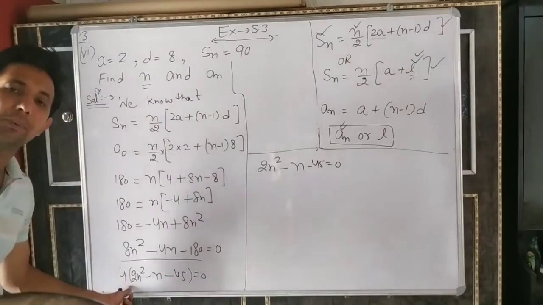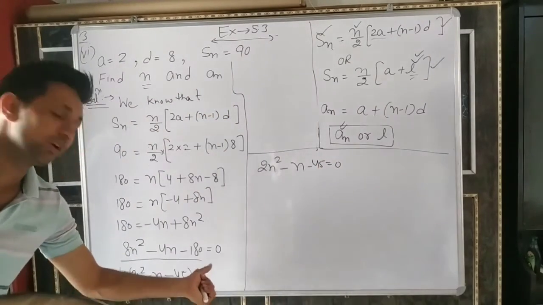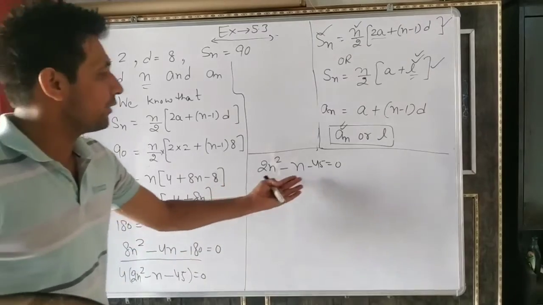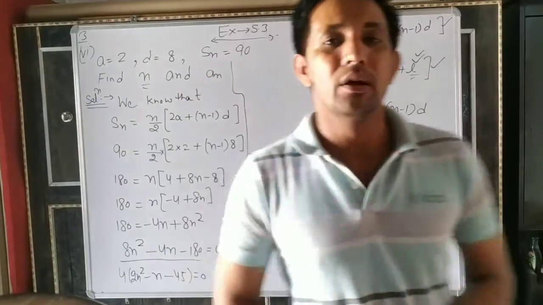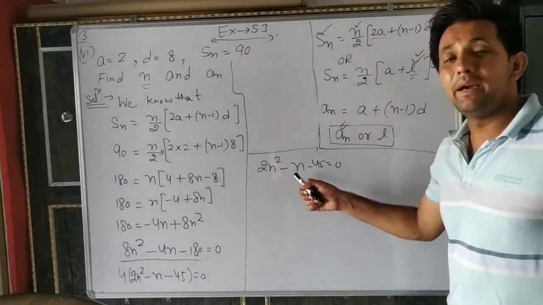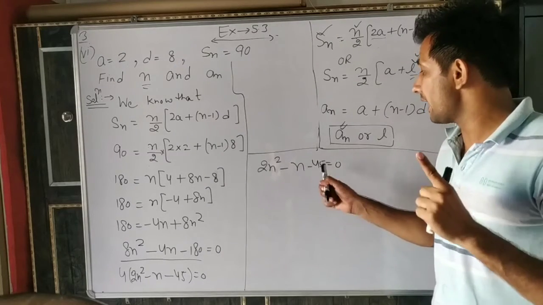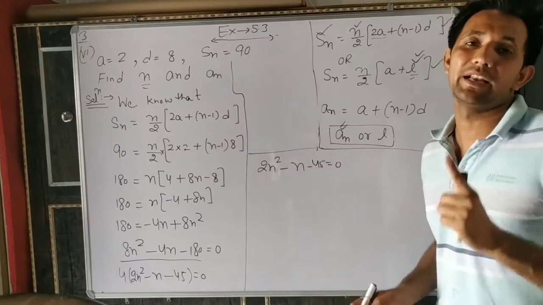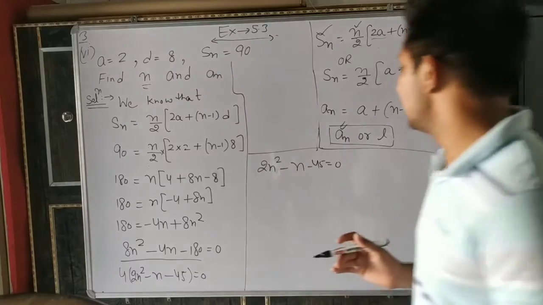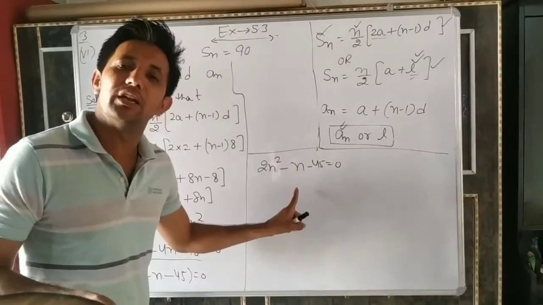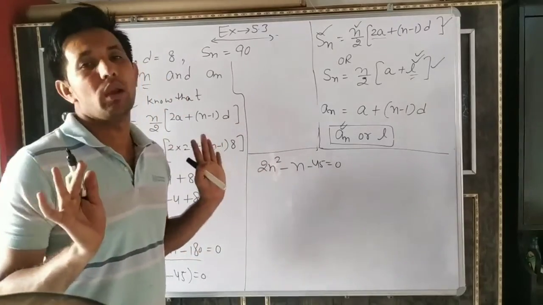The 4 is multiplied here, so on the other side we divide: 0 divided by 4 is 0. Now it becomes a quadratic equation. So split the middle term, whose middle term is minus 1 and the product is 45 into 2, minus 90. We have already learned this. Otherwise you can use the quadratic formula, any one method.